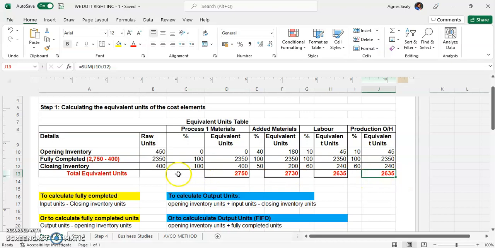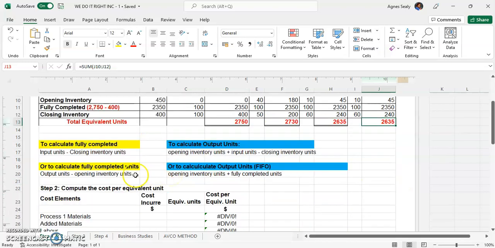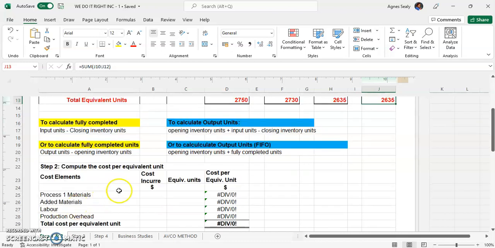So in this video, what we'll be looking at firstly is step 2, where we have to compute the cost per equivalent unit. We will be computing the cost per equivalent unit for each cost element: process 1 material, added material, labor, and production overhead.